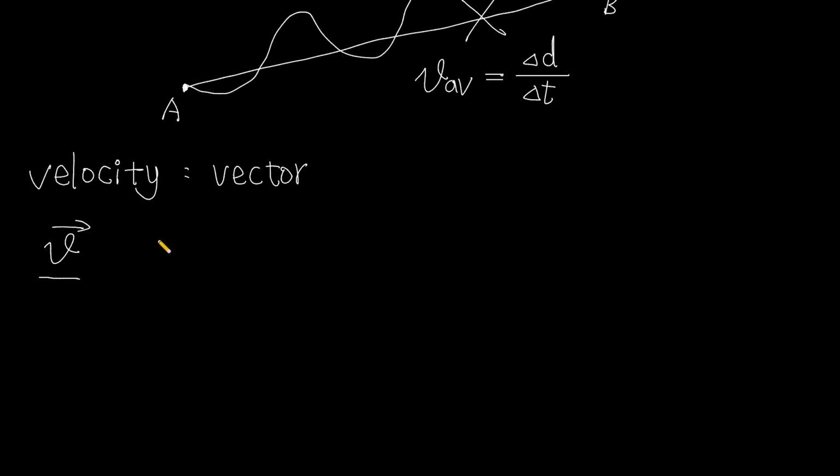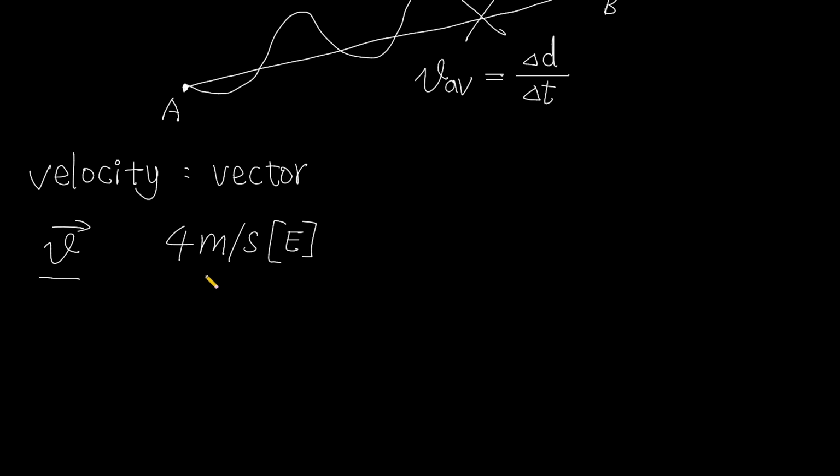For example, there is a velocity that is 4 meters per second east. This means that the magnitude of the velocity is 4 meters per second, and its direction is to the east.